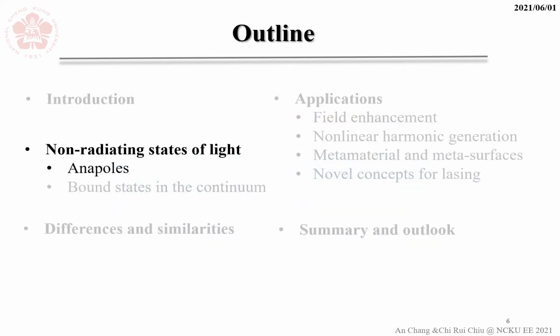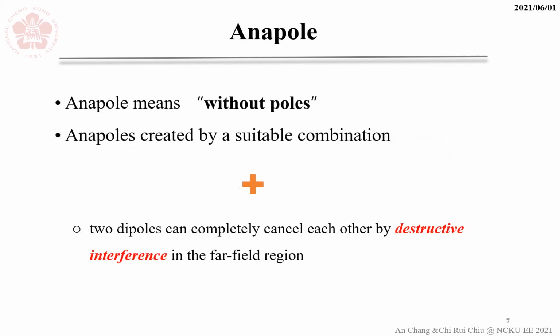I would like to move on to types of non-radiating states of light. The term anapole means without poles, and it was originally proposed in the late 1950s to model elementary particles that do not interact with the electromagnetic fields.